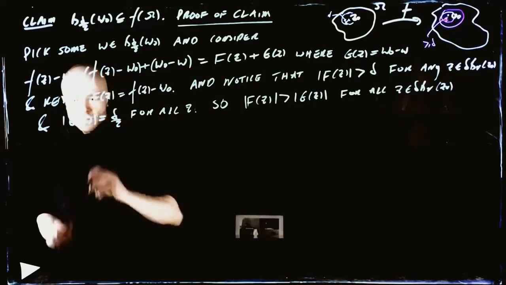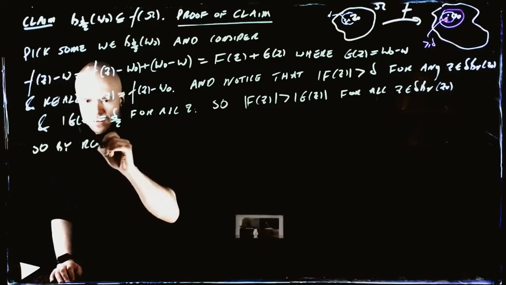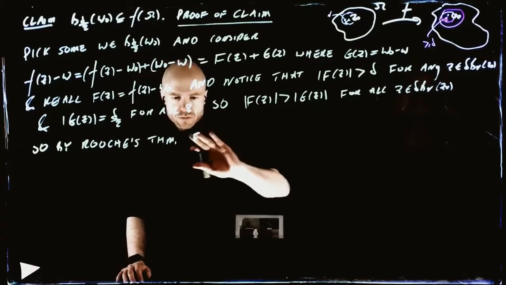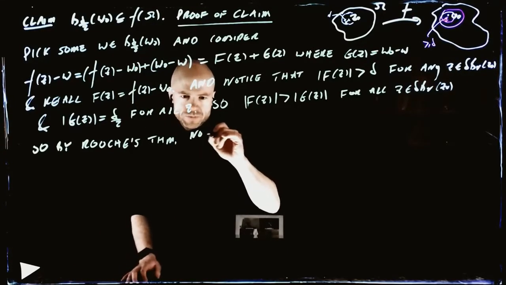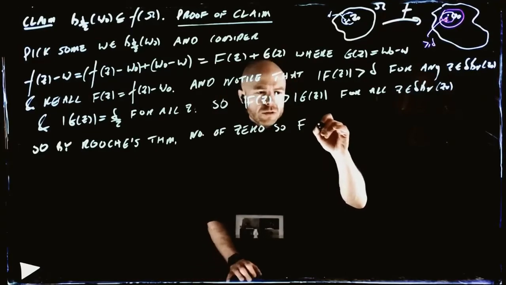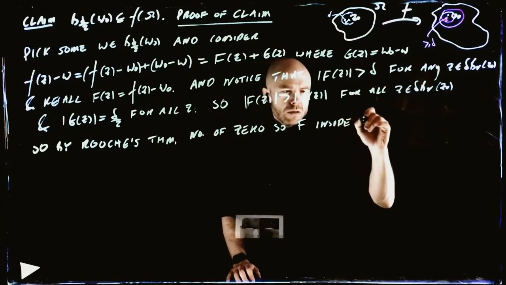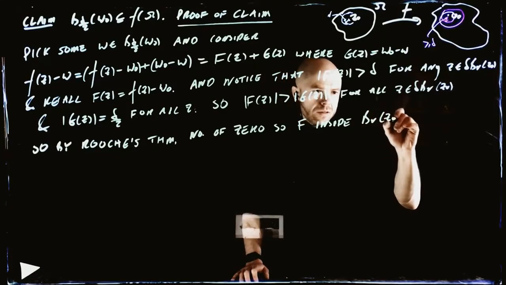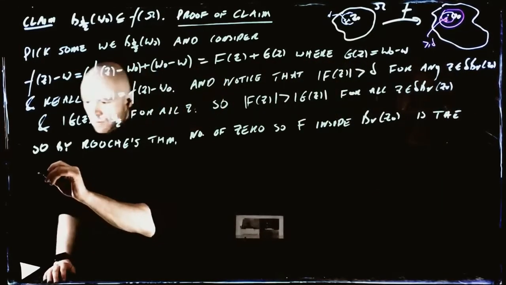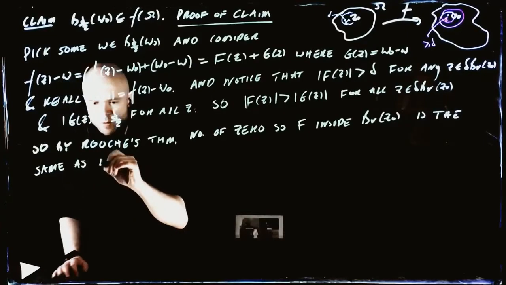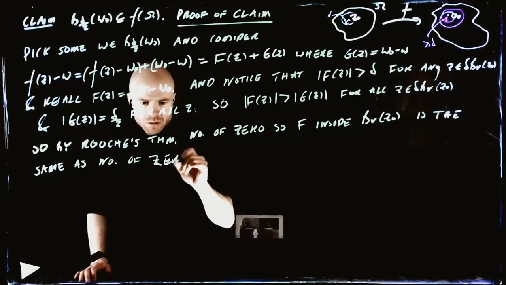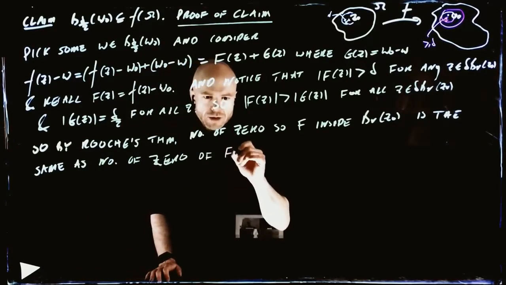So you can see where this is going, right? So, by Rouché, the number of zeros of capital F inside the ball of radius r around z0 is the same as the number of zeros of capital F plus G, right?